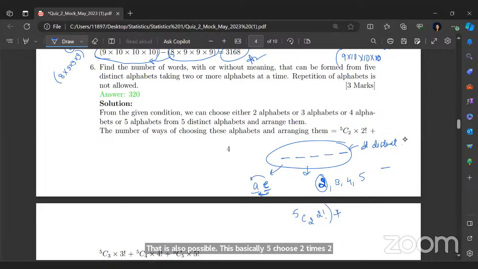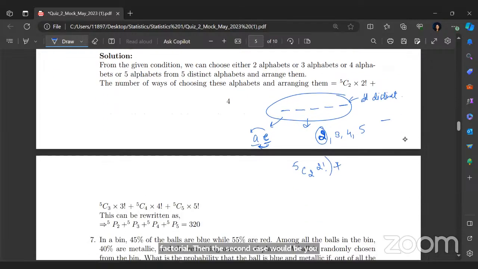Then the second case would be you make words that have 3 alphabets. In that case, you will do 5 choose 3, and again, you can arrange it in 3 factorial ways, right? Similarly, 5 choose 4 times 4 factorial, 5 choose 5 times 1 factorial, right? This is what we have written.